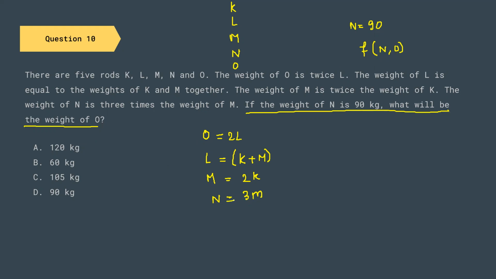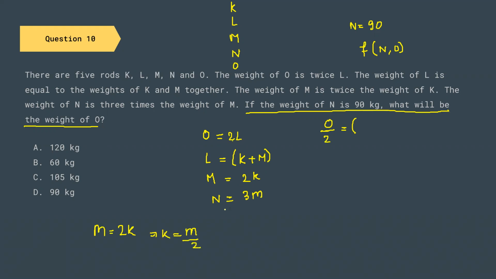Okay, so what we can do is that instead of writing L here, we have O. So L can be replaced by O by 2, is equal to K plus M. K can be replaced by M: M is equal to 2K, so K is equal to M by 2.